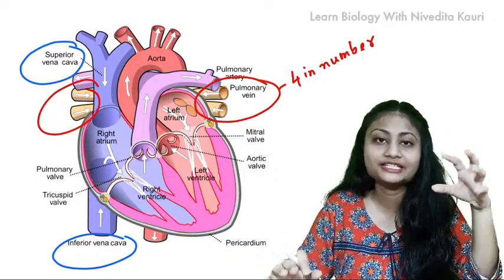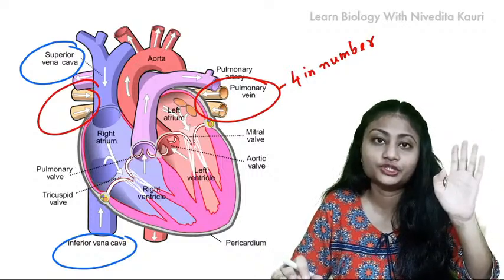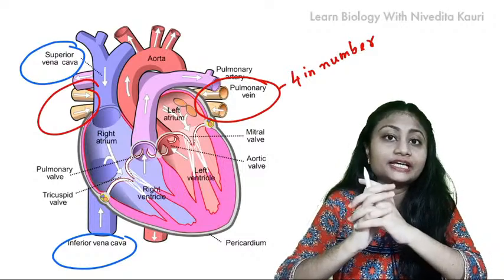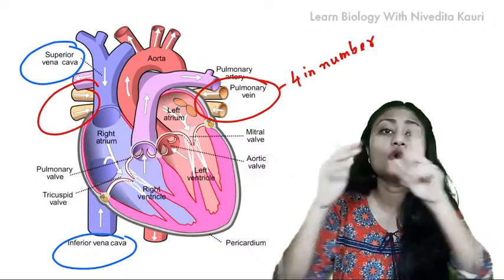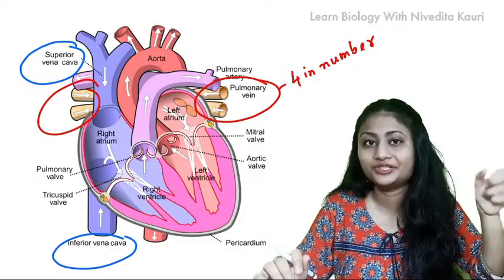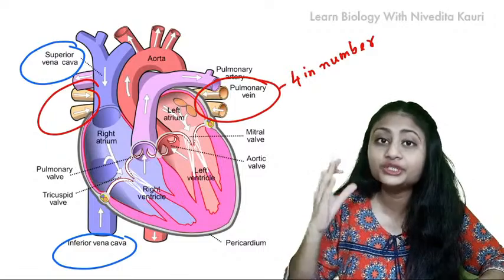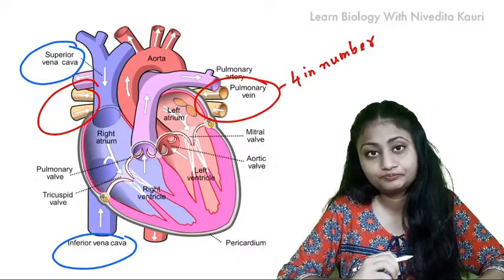Systemic circulation is larger than the pulmonary circulation. So, the contraction of the left ventricle is to be more powerful compared to that of the right ventricle. So, the left ventricle has got a much thicker muscular wall.